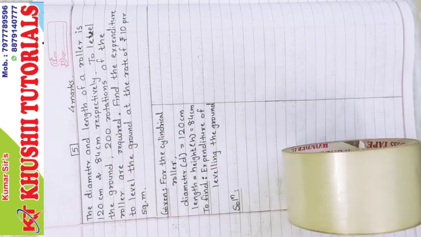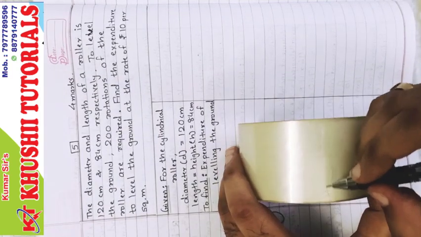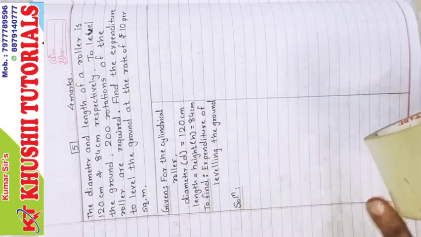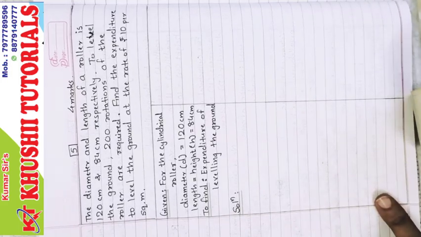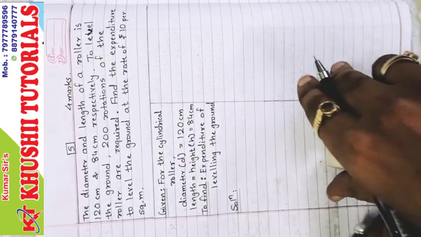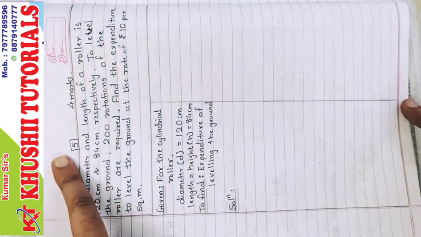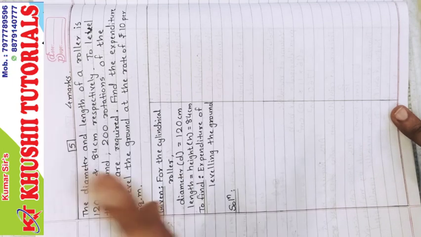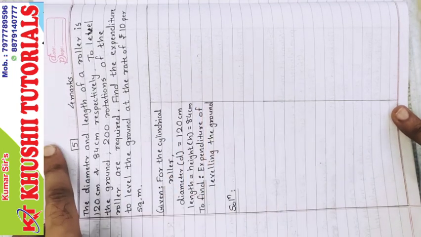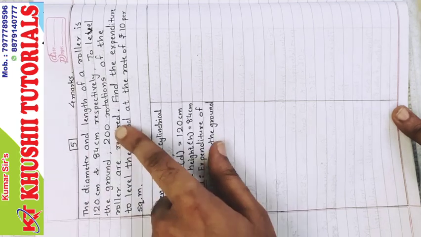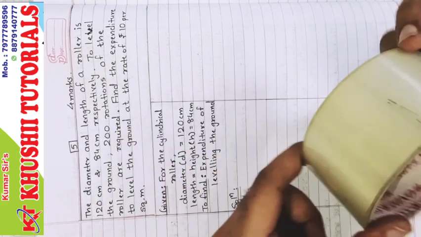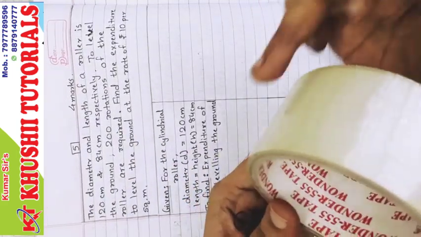To level the ground, 200 revolutions of the roller are required. Now we'll assume this is the line from which we start counting the distance. In one complete revolution it is covering this much distance. So in 200 revolutions it will cover 200 times this much distance.